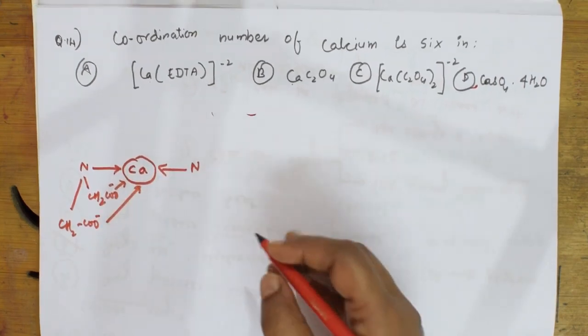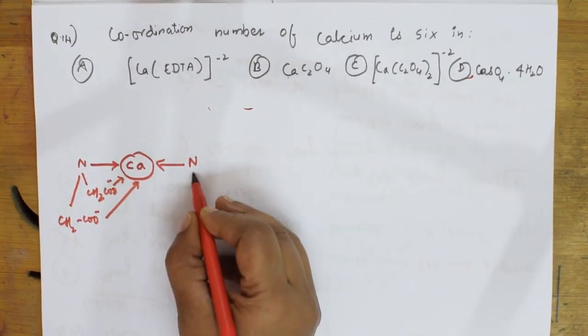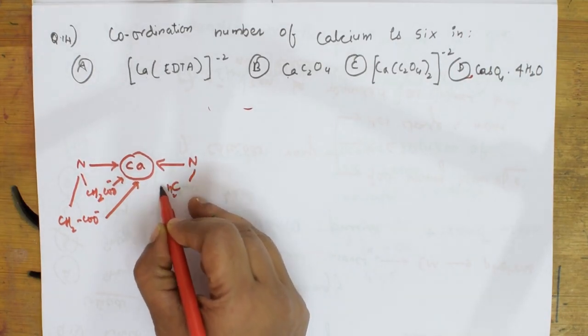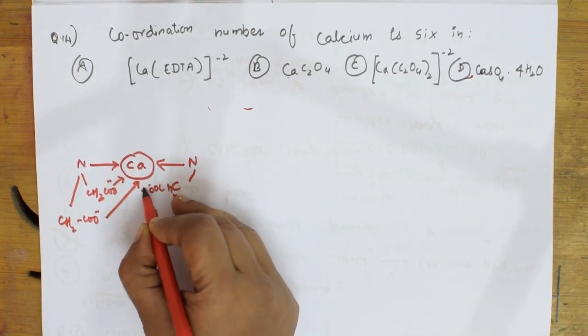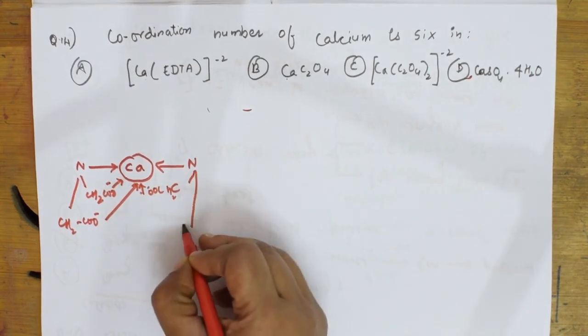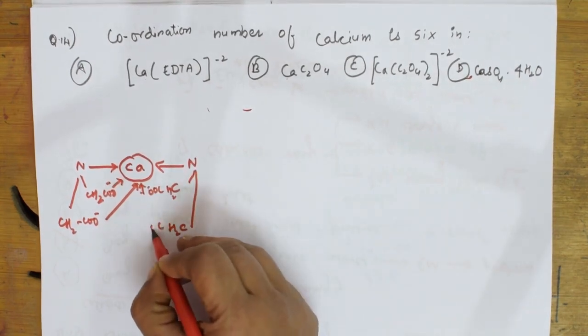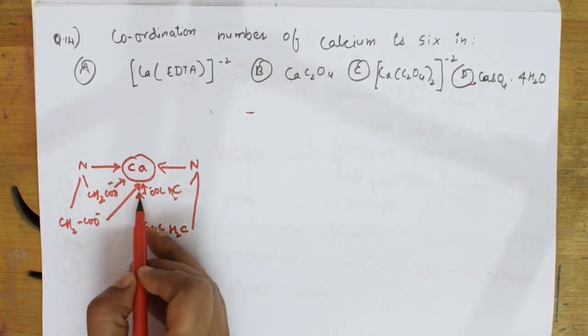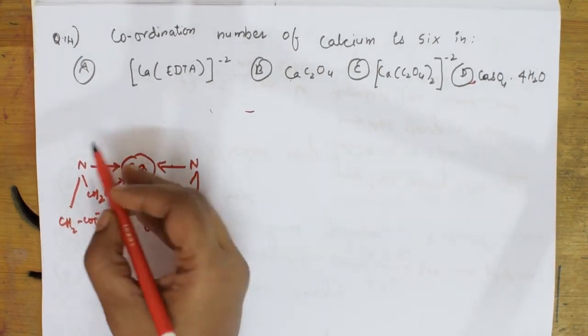This is also coordinated to this. Next, CH2COO minus, coordinated to this. One more CH2COO minus, also coordinated to this. 1, 2, 3, 4, 5, 6 are already over.